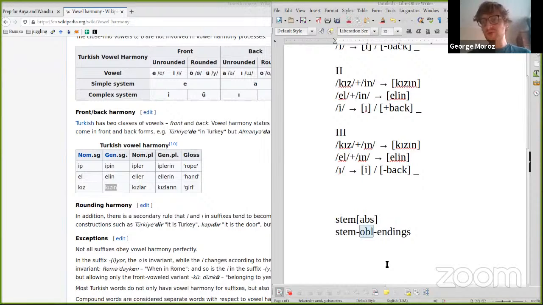So the choice of this oblique stem is a little bit of lexical information. So it's possible that the patterns that you find will somehow make something clearer about these oblique stems. But there is definitely one set of endings, and they don't care about the vowels in there. So there are no two sets of endings, like in all those languages with harmony.